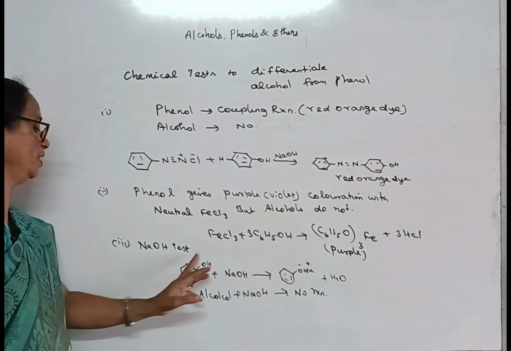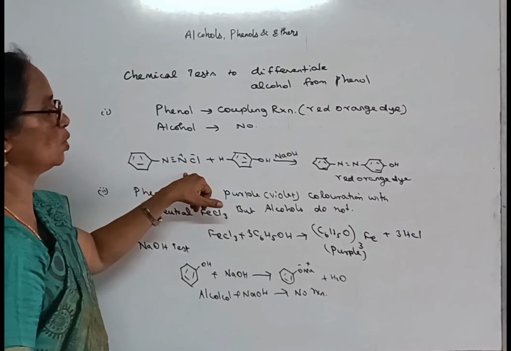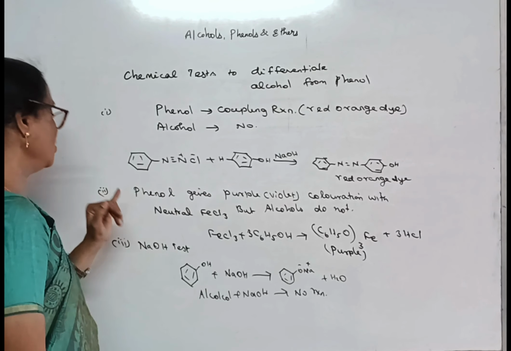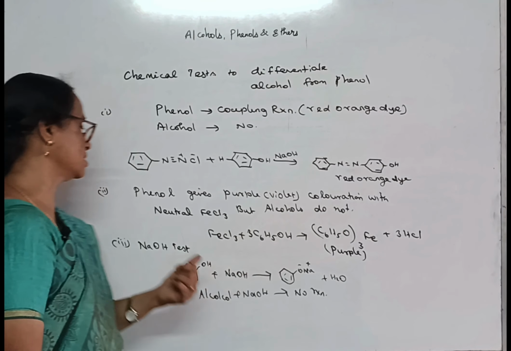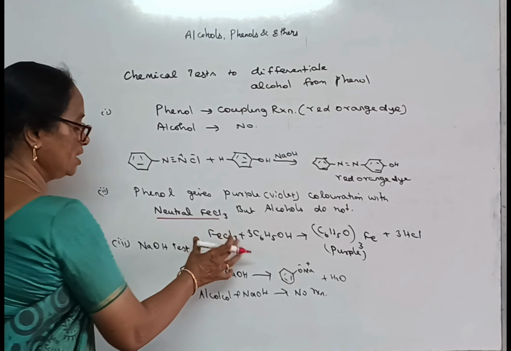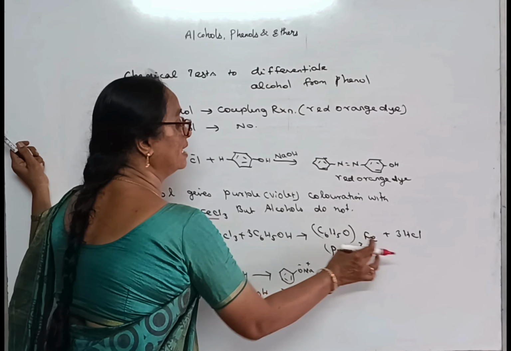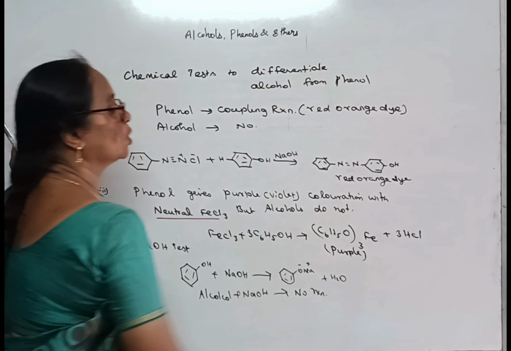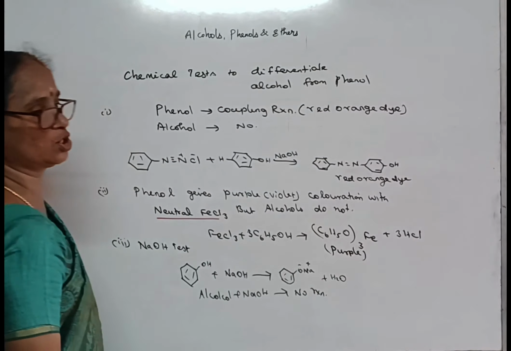Phenol will undergo a coupling reaction to form a red-orange dye with benzene diazonium chloride. And phenol gives purple or violet coloration with neutral ferric chloride. When neutral ferric chloride is treated with phenol, it forms iron triphenoxide, plus 3HCl, and the formation of this compound gives rise to the purple color.